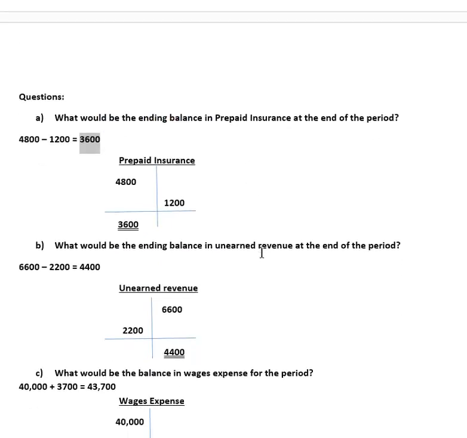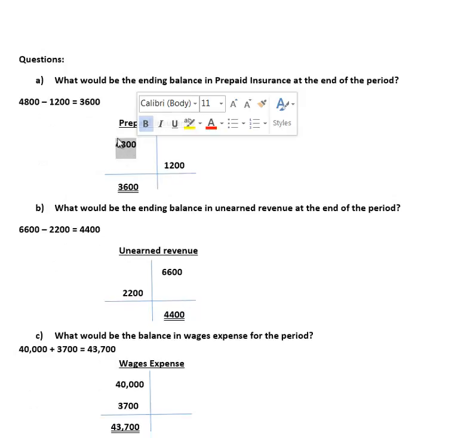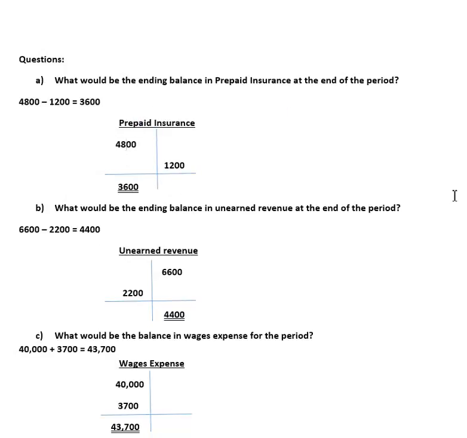If you want to see a T account, we started off with $4,800 in the prepaid. That was the amount that we paid on July the 1st, 2017. This is the amount of the asset, $1,200, that we used up and recorded as expense in 2017. So we have $3,600 left.